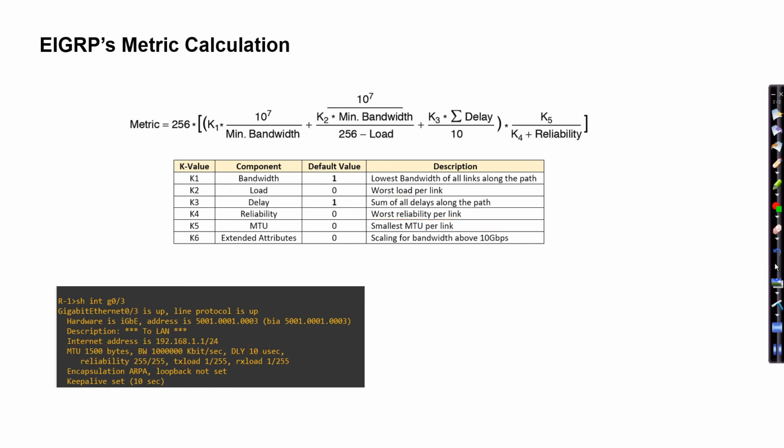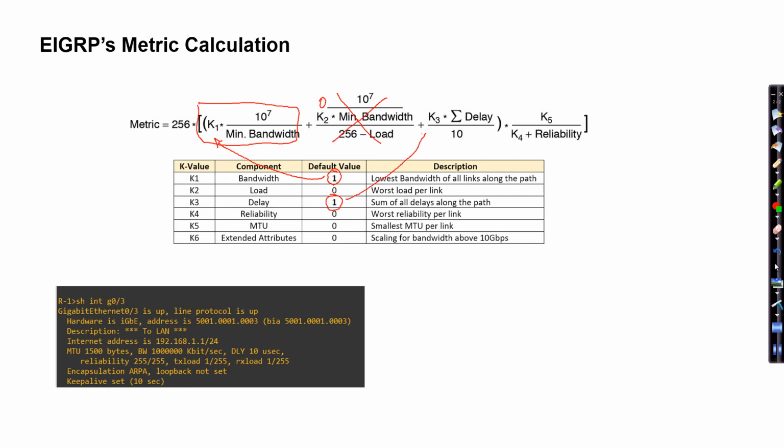By default, EIGRP on Cisco devices has K1 and K3 as 1, where everything else is 0. So let's go back to this calculation to see which ones are actually in use. K1 is 1, so this is in use. K2 is 0, and any number divided by 0 is considered undefined. Therefore, this is not in play.